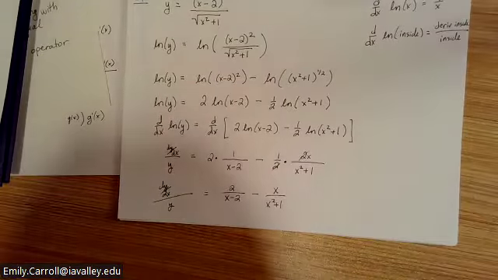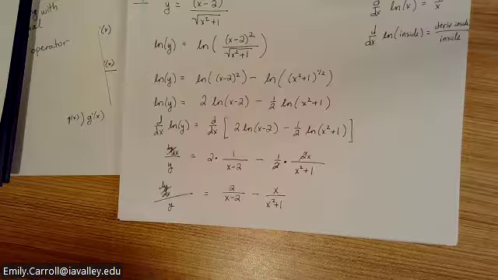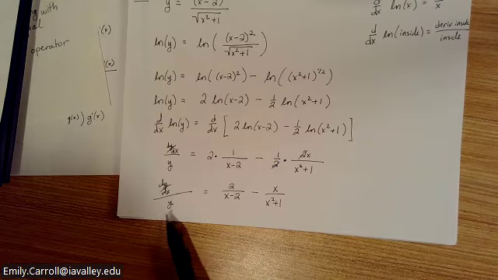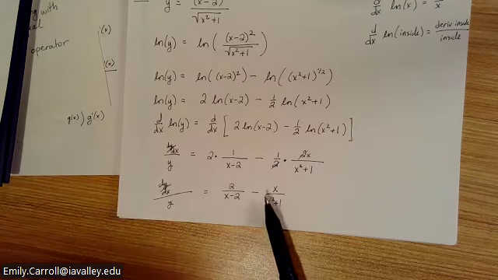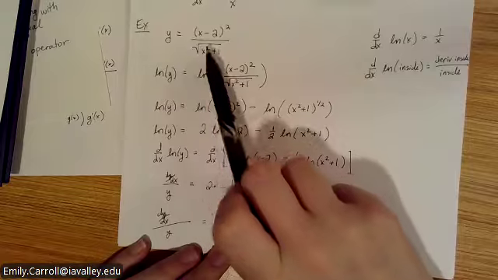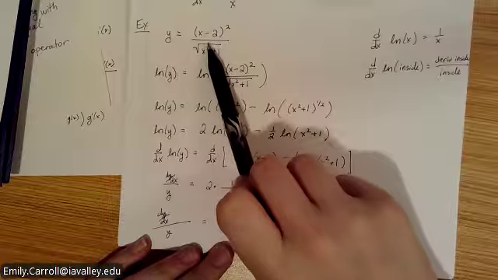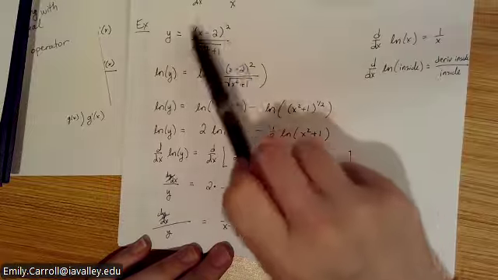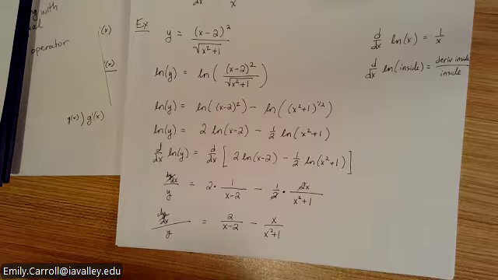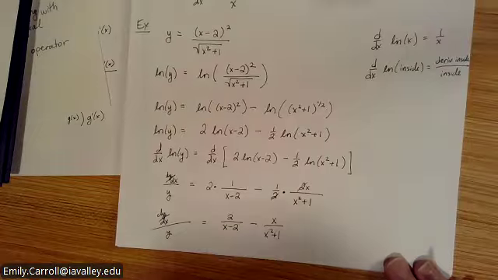Okay, we're almost there, but we want to get this dy dx alone. So we're going to multiply both sides by y, but we want this to be in terms of x, right? Like we started out with a nice clean y in terms of x, y is alone, and then there's only x's over here. So hopefully we're going to be able to end that way as well. dy dx equals some expression with x's only, no y's.